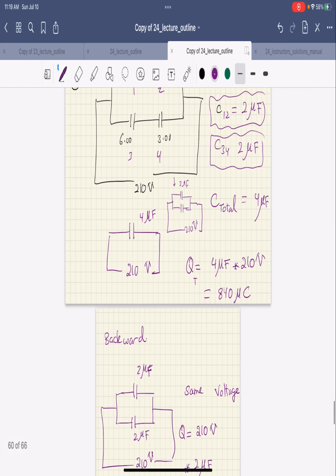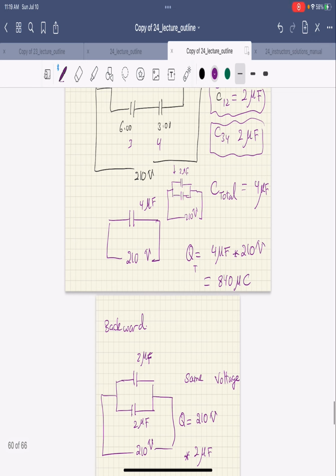Then now Q total is 4 microfarads times 210 volts, which is the voltage. Then the total charge is 840 microcoulombs. In all these networks, sometimes you need to work backwards. Then here I did go backwards from here to here.